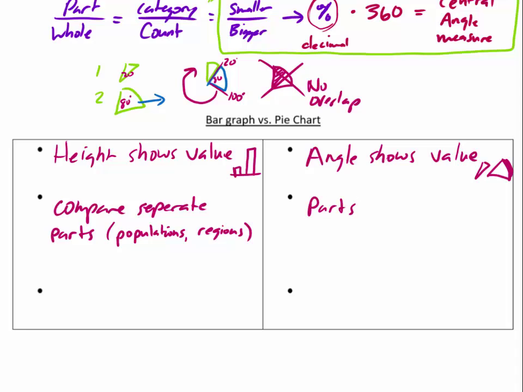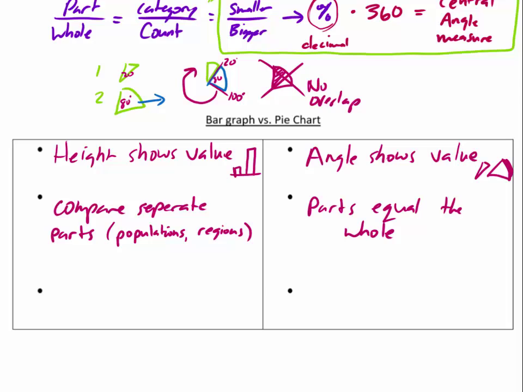All the different parts in a circle graph add up to the whole, so they equal the whole population. The parts all go together and create a whole. In bar graphs, that's not necessarily the case. It can be, but you can compare those separate parts. It doesn't have to make a whole.